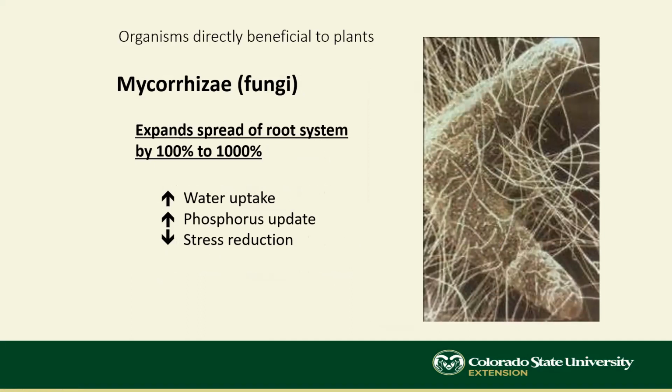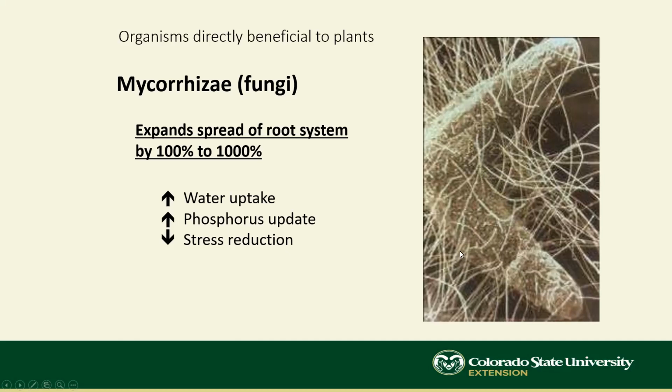The fungi primarily have the goal of extending the root system, and they can extend it up to 1,000 times, depending on how much good fungi are going on around the root system. Mycorrhizae is the word we use for these threads from the fungi.